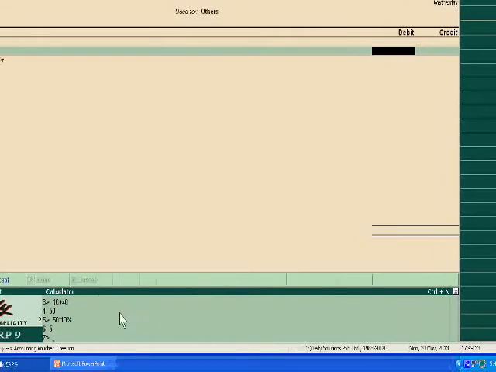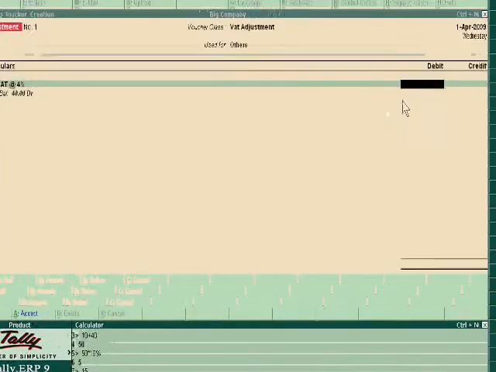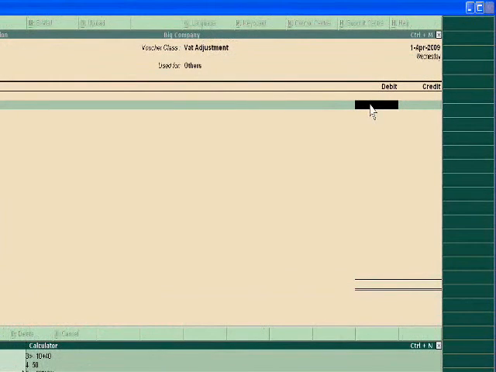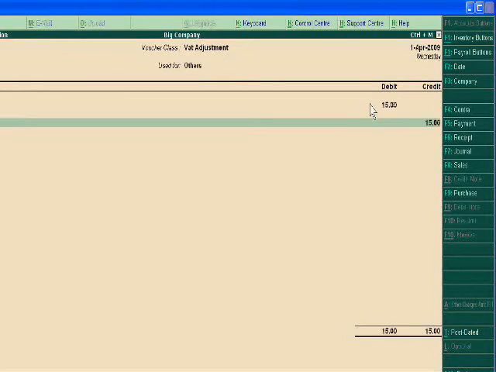Now this is 10 plus 5. Our increment is 15, so we are just showing 15 and 15, which we have to pay to Ram.